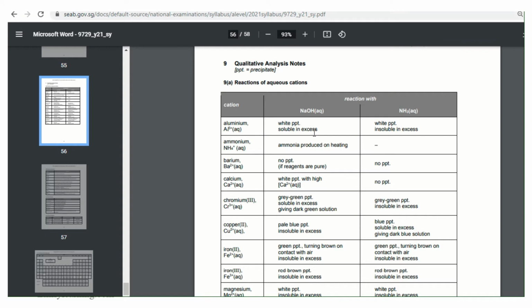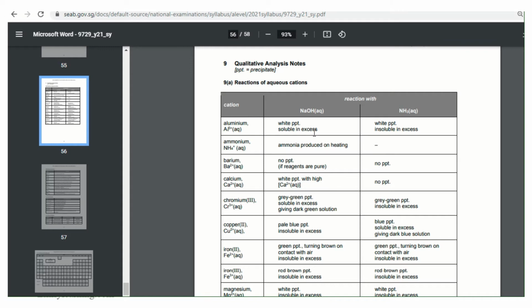So what you need to write in your chemistry practical exam is what color solution is formed. You must say the precipitate is soluble in excess sodium hydroxide or aqueous ammonia, and what is the color of the solution formed. If it is insoluble, you just say that it's insoluble in excess sodium hydroxide or aqueous ammonia.